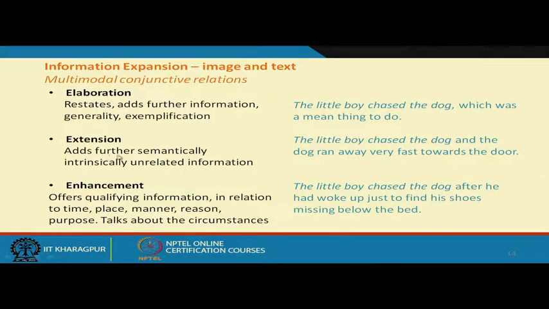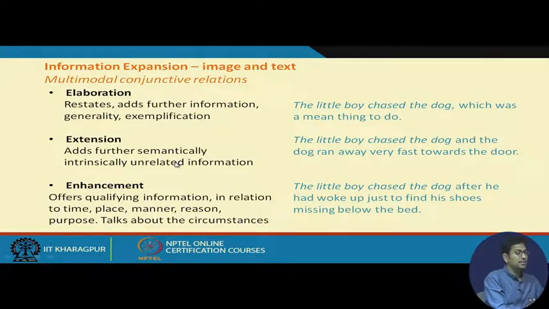Now, let us look at what extension does. Extension also adds further semantically, intrinsically unrelated information. If we look at the same example, the little boy chased the dog and the dog ran away very fast towards the door. Now, what is happening over here? The little boy chased the dog is one part of information, and then the dog ran away very fast is another, which semantically, meaning wise, intrinsic quality wise on its own is different information, but they have been brought together, and hence it is an extension of one with the other.